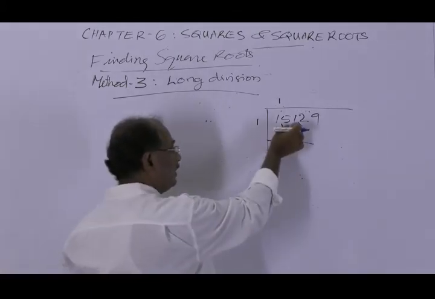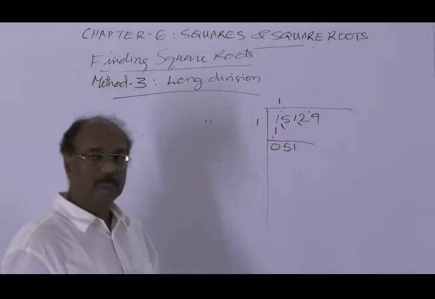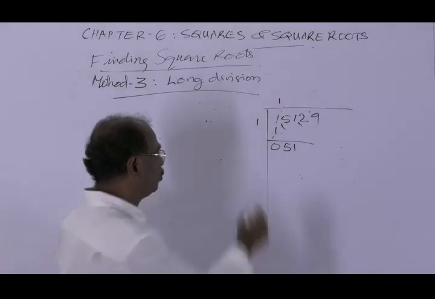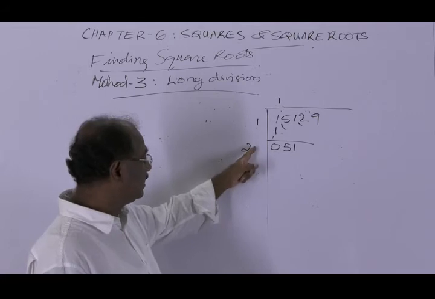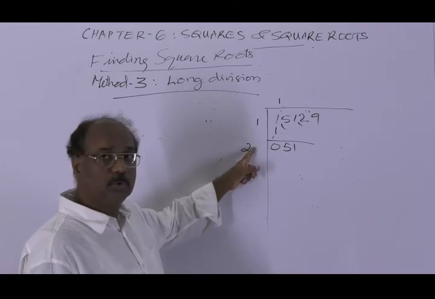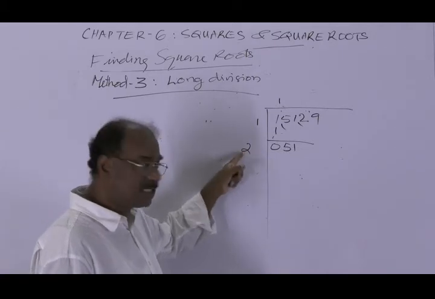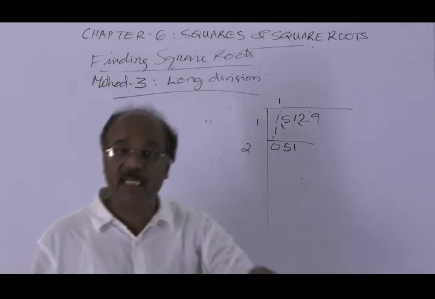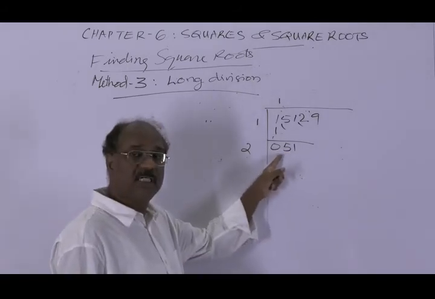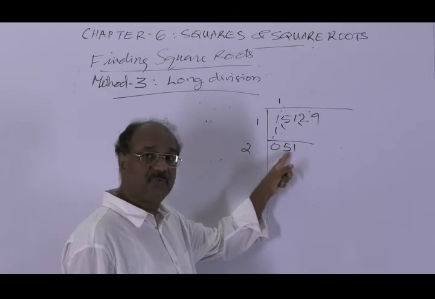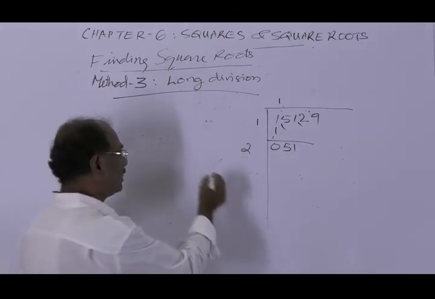Then put the next pair here, 51. Write the double of this here, 2. As before, write a digit in front of this 2, so that when the resultant is multiplied with the same number, it gives the maximum less than or equal to this 51. Suppose we write 2.